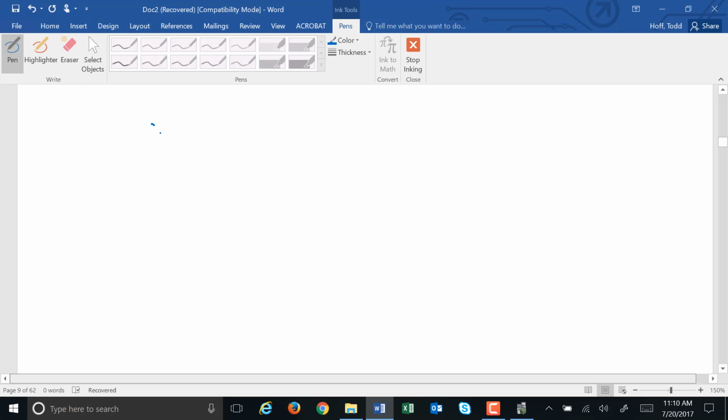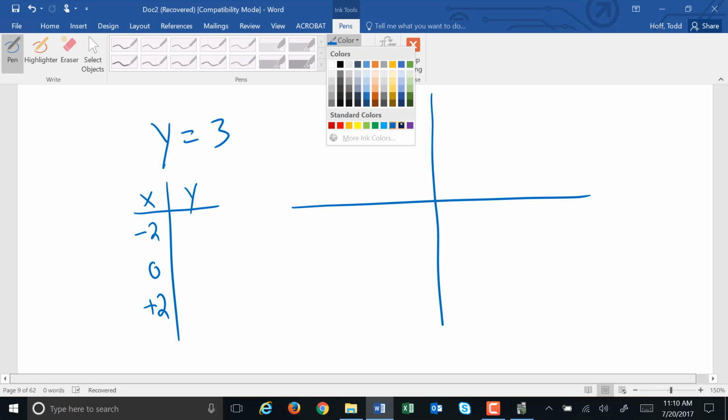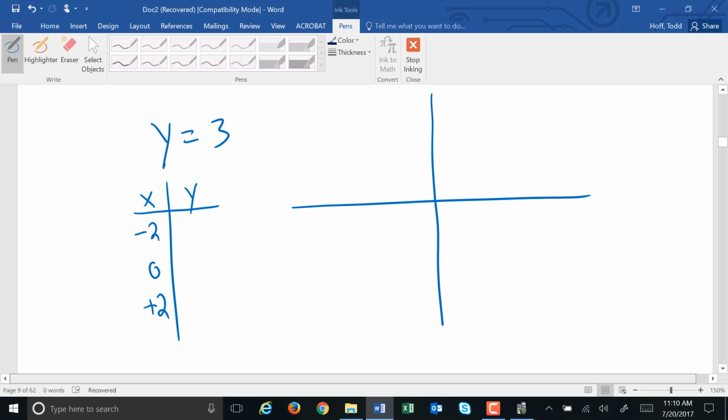What would you do with something like this? How would you graph that? Well, if the equation is y equals 3, if x is -2, what's y? 3. If x is 0, what's y? 3.